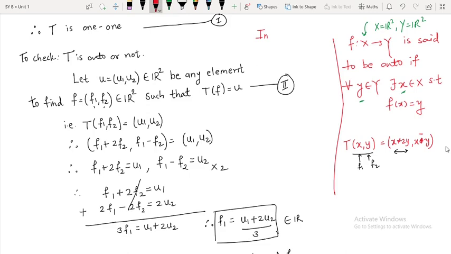If the image of T is directly equal to the codomain. Now for this first example our codomain was R2, right.